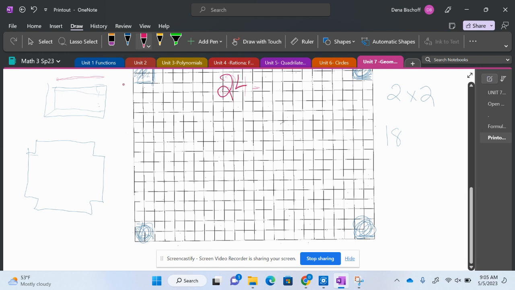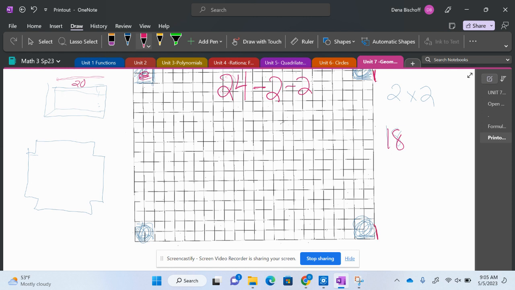I cut off 2 for this corner and 2 for this corner. So that meant this was now 20 units. And then it was 18 wide, but remember I cut off 2 units here and 2 units here. So now it's 14 units.